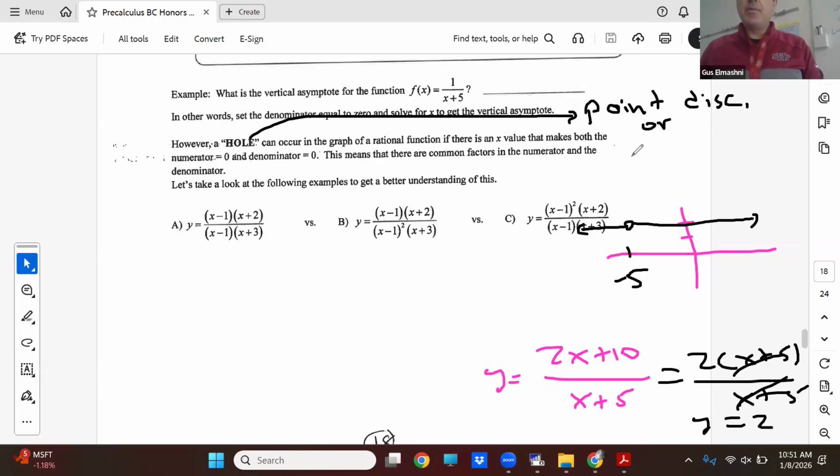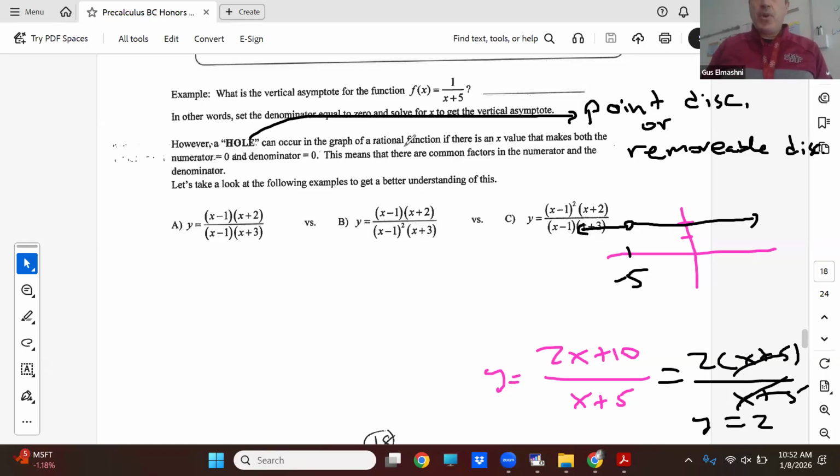Sometimes also called a removable discontinuity. So either term is fine, but it's a point that you've taken out or removed. But a hole is kind of the informal way of calling it because it is a hole in the graph. You won't really see it that well in Desmos, but if you mouse over to x equals negative 5 really slowly, it'll show you a hole there.